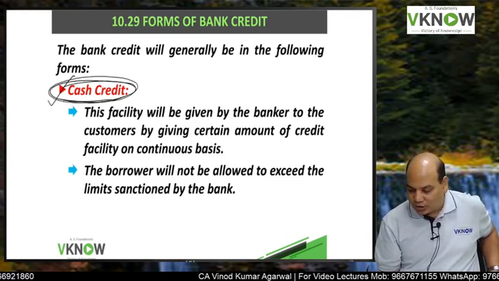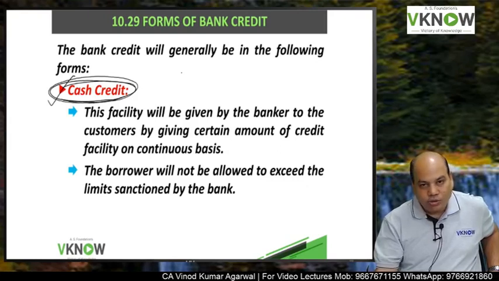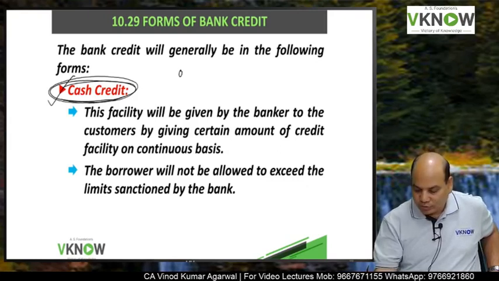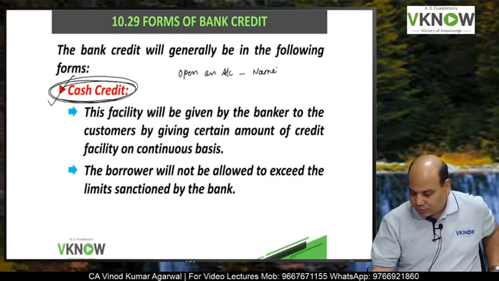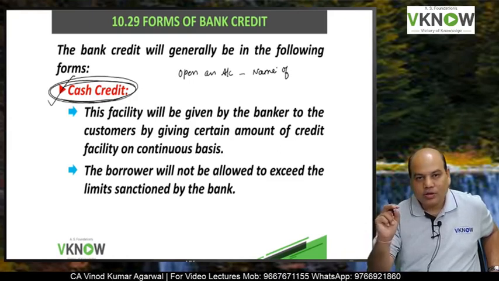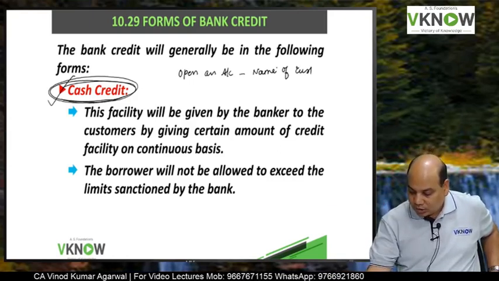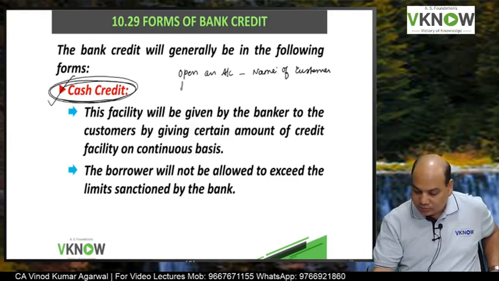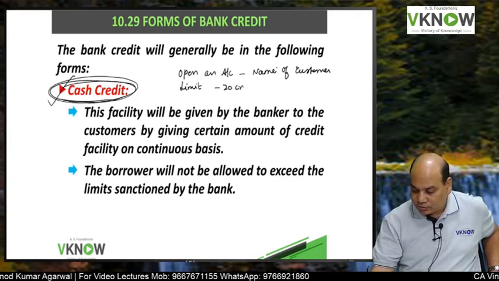What is cash credit? So the bank will open an account in your name. Okay, open an account in the name of the customer. This is how they will call it, ABC Limited Cash Credit Account, and then they will give you a limit, say 20 crores.